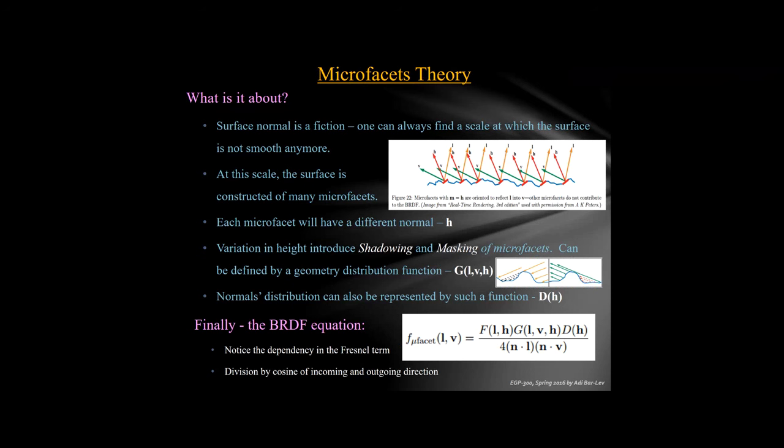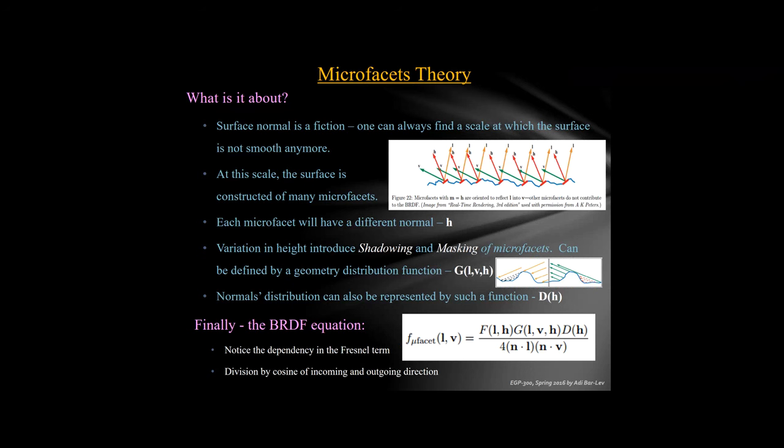So the only thing missing here is now to calculate, okay, what is the probability of such a normal, or what is the amount of the overall normals in these points to be along this direction? And this is really what interests us. This is exactly directly connected to what we call the normal distribution function.